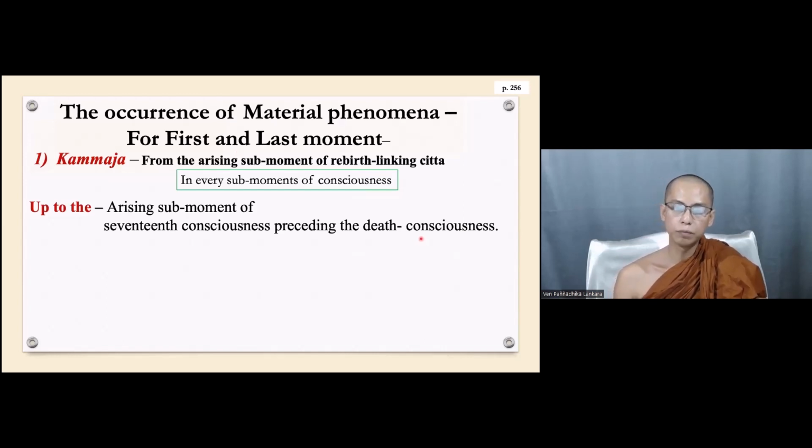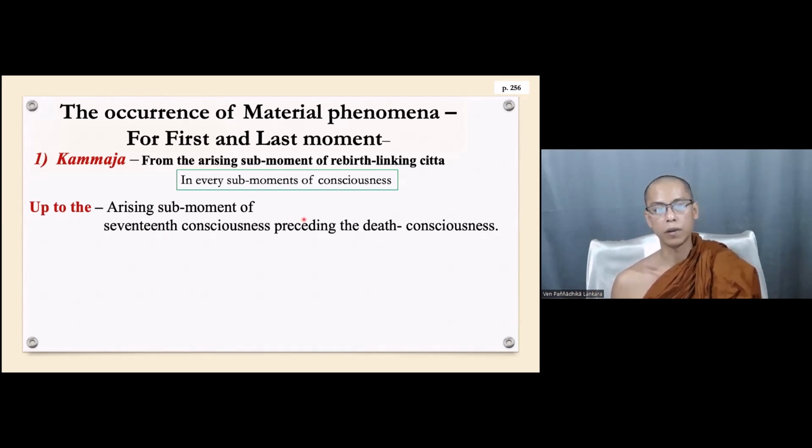If we count back from the death consciousness to the 17th, at the arising sub-moment of the 17th consciousness, the kamma-born materialities are still produced by kamma. But after that, starting from the present sub-moment of the 17th consciousness preceding the death consciousness, kamma does not produce. No more production by kamma.